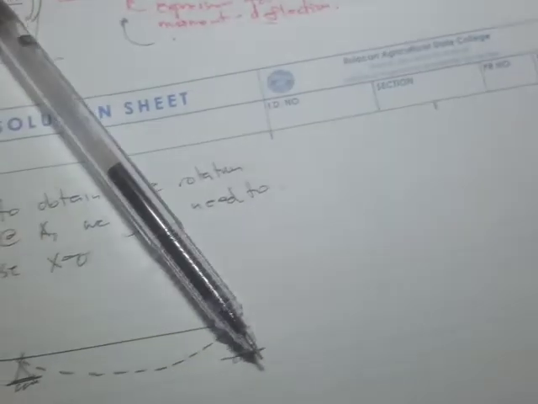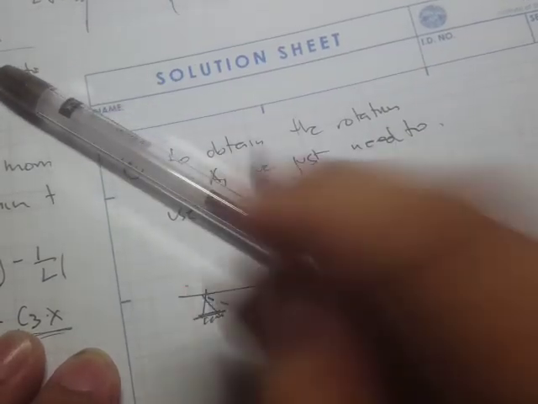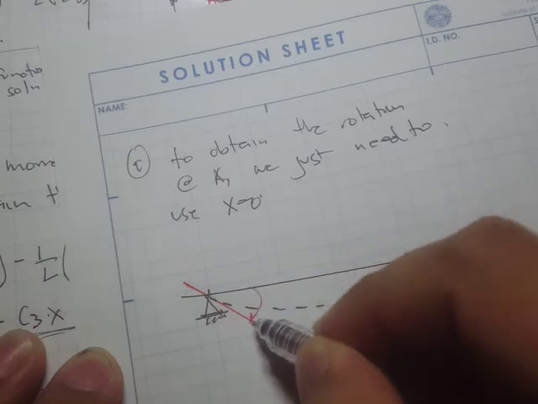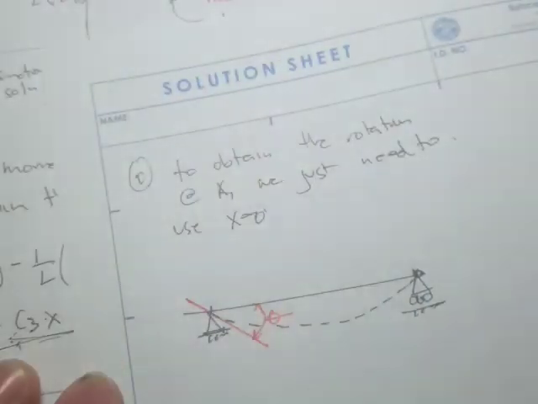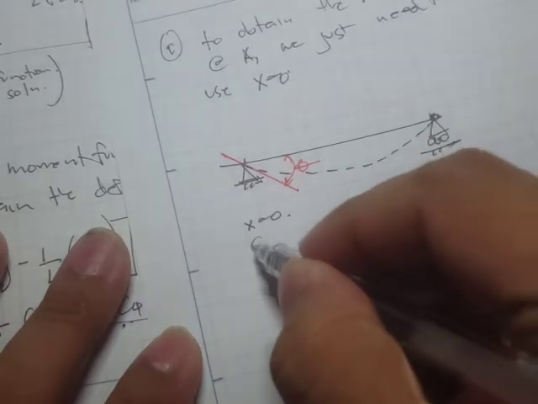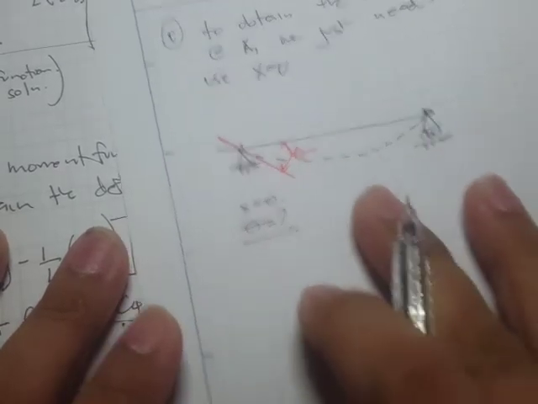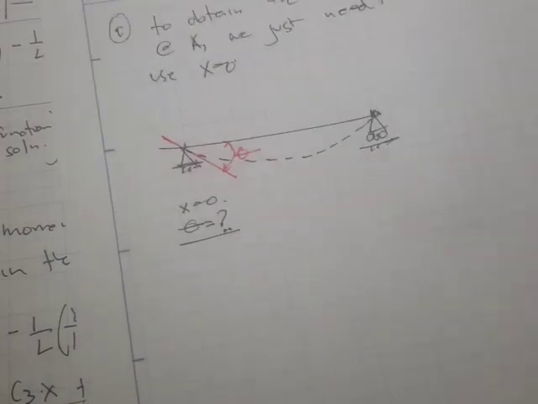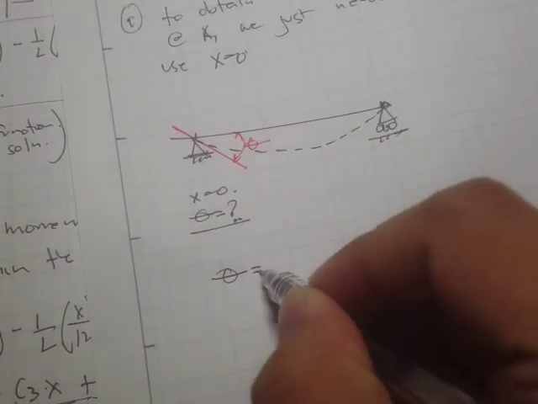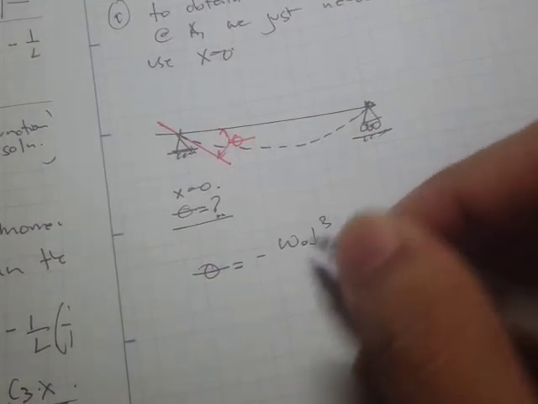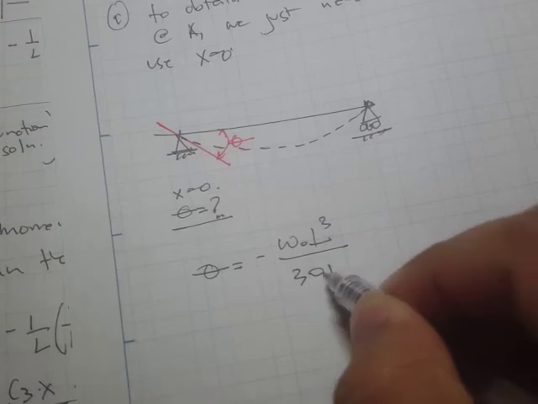So right here, the rotation occurs at x is equal to 0, then theta will have some value. Okay, so let's substitute that, and what we obtain is theta is equal to negative omega times L cube over 30 EI.